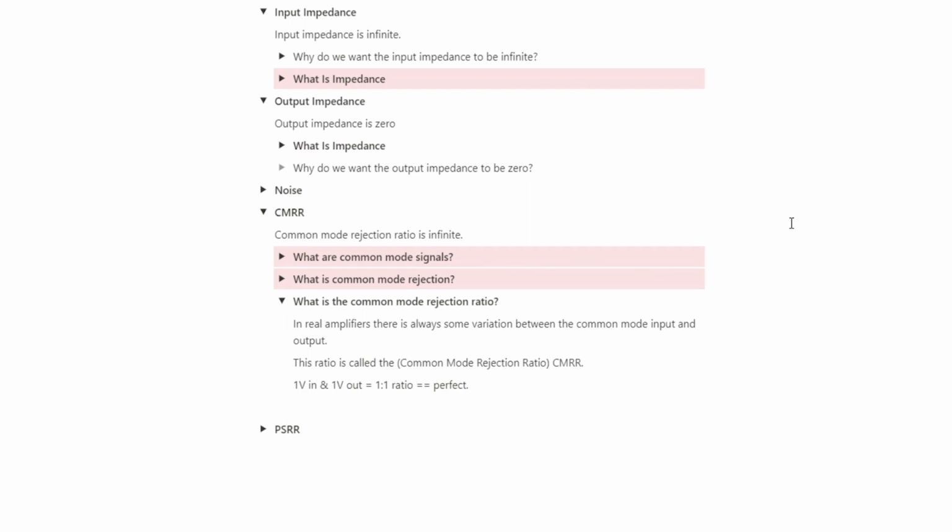Okay, so there's some change between the input and output. Don't get it. This ratio is called the common mode rejection ratio, CMRR, i.e., 1 volt in and 1 volt out is equal to a 1-to-1 ratio, which is equal to perfect.